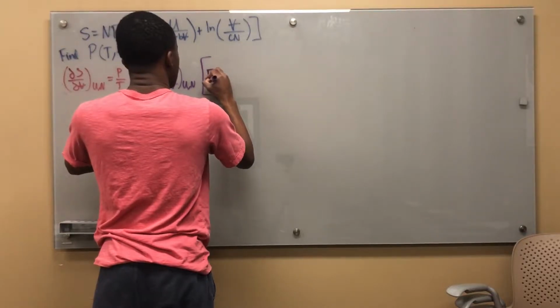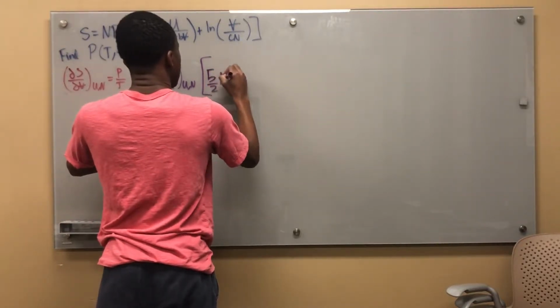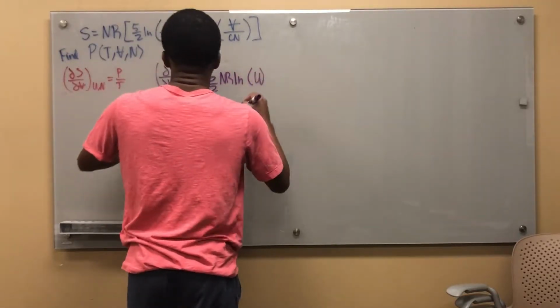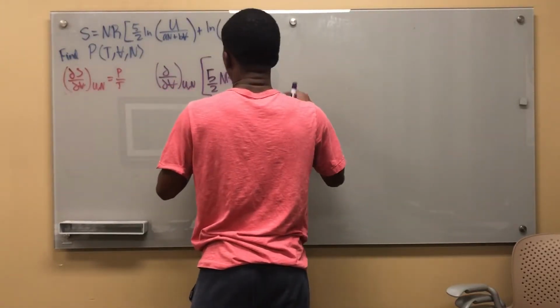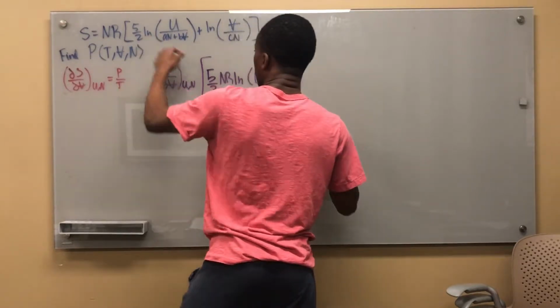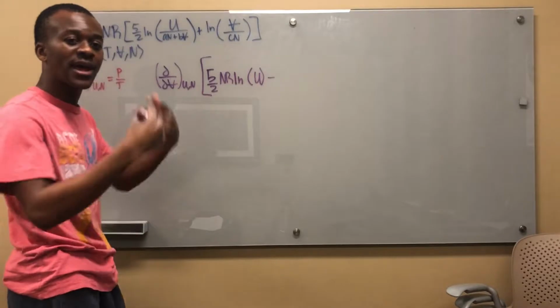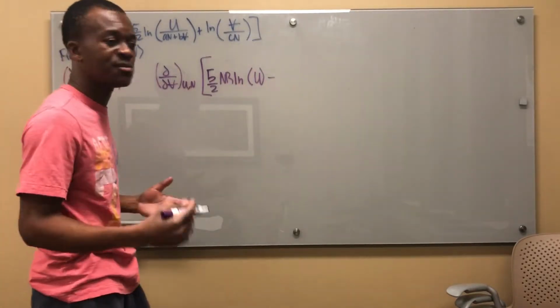5 over 2 nR ln of U minus, because the natural logarithm rules say that ln of U over an plus bV is equal to ln of U minus ln of an plus bV.